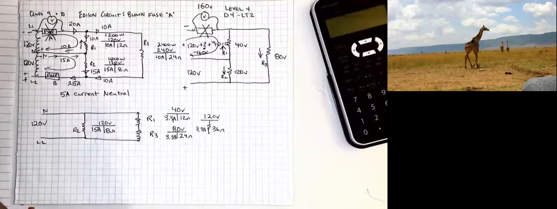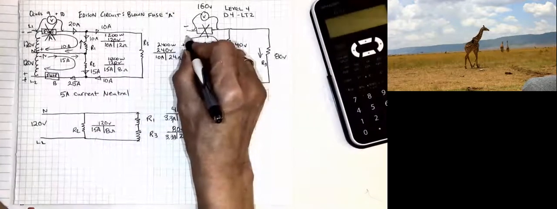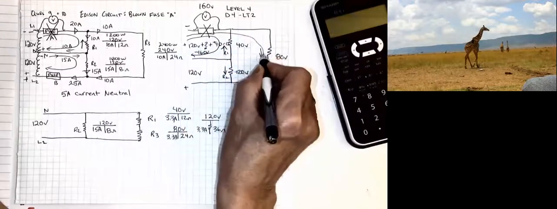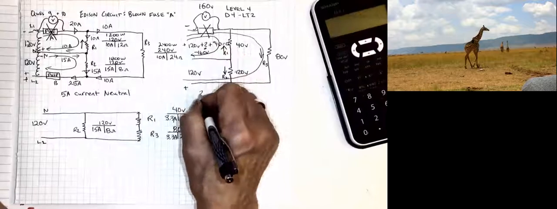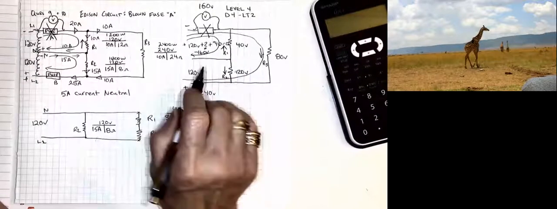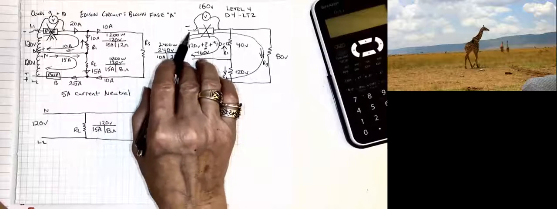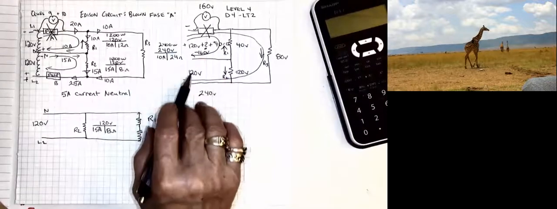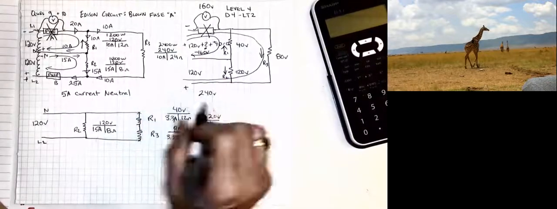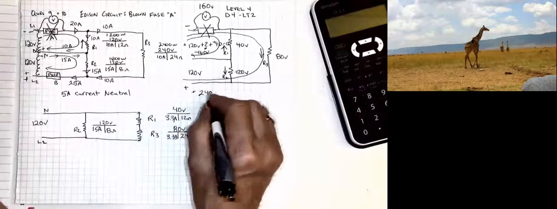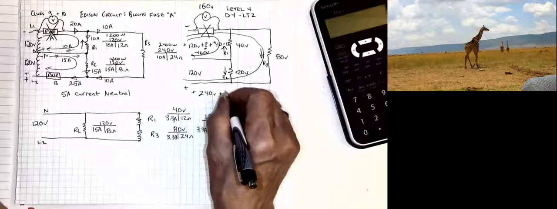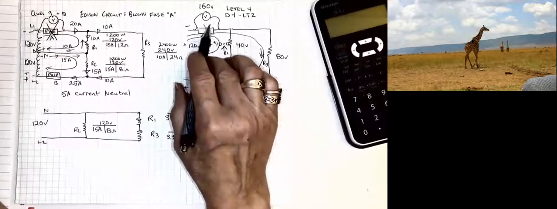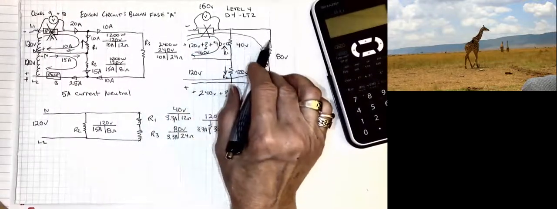Now let's try it another way and see if we get the same thing. This time I'm going to take the big loop out here. In this case, I'm starting with 240 volts because we have the advantage of being from line 1 to line 2. So the whole 240 volts is in play. And that's a positive supply voltage. When I come across here, it's an unknown voltage at the voltmeter. Then I come out here.